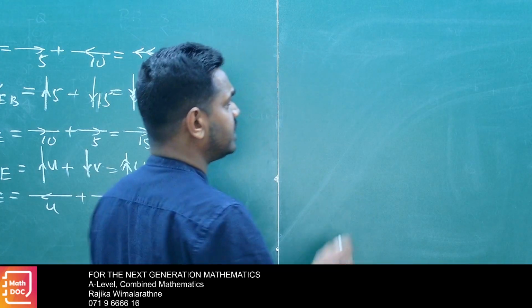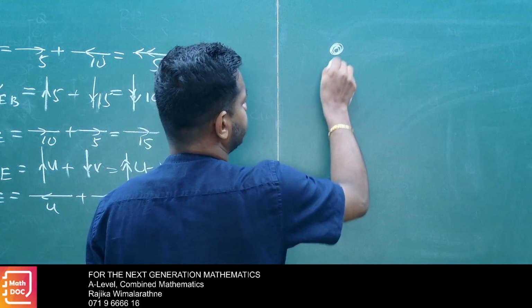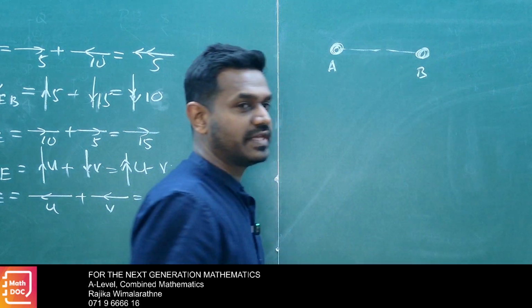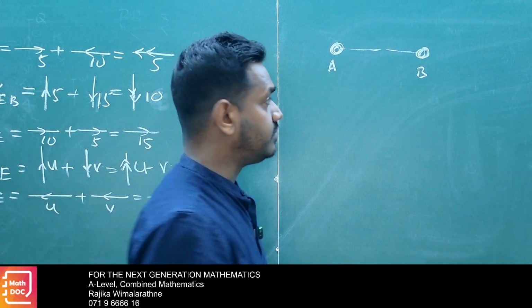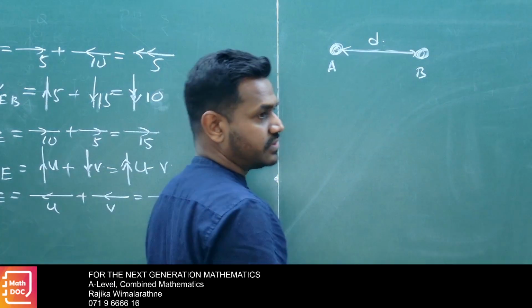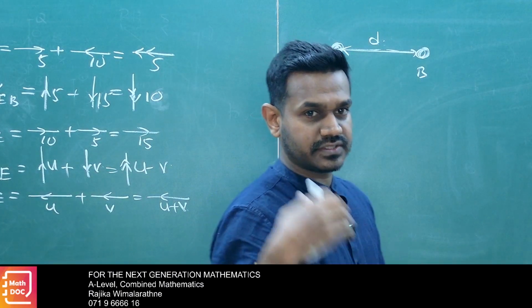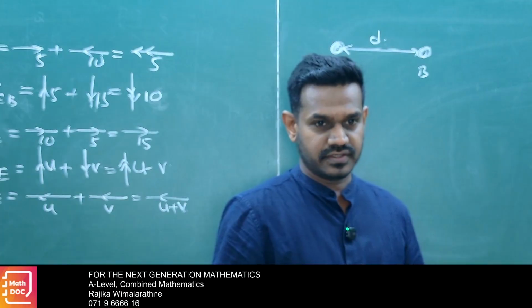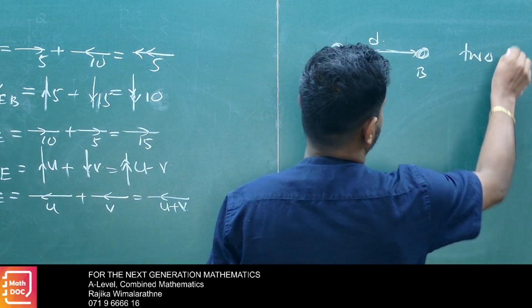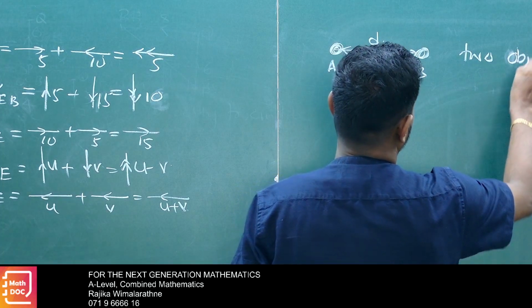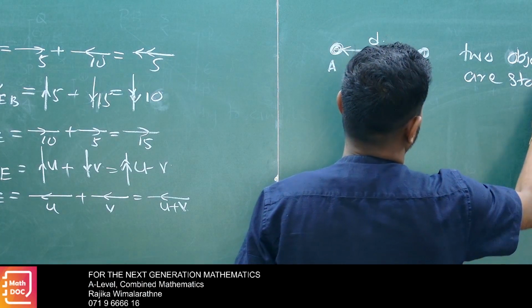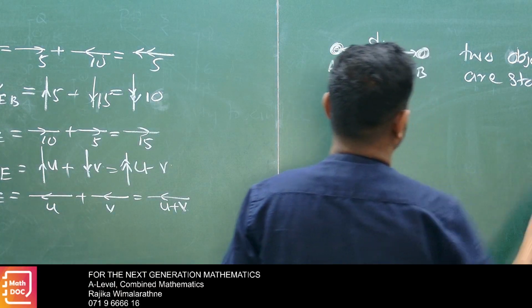Now let's consider here object A, object B. Both of them are stationary objects. If both of them are stationary, then the shortest distance and the maximum distance, all are D, no? That won't change. Here two objects are stationary.